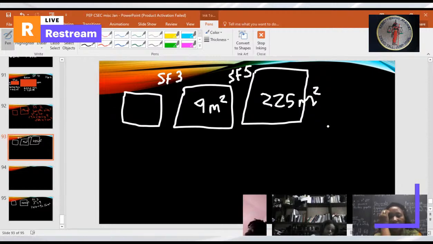So how about the smallest one? Miss, it's 3 meters. No? Miss, I got 1 meter squared. Okay, I got 3 and 1, but it said 3.